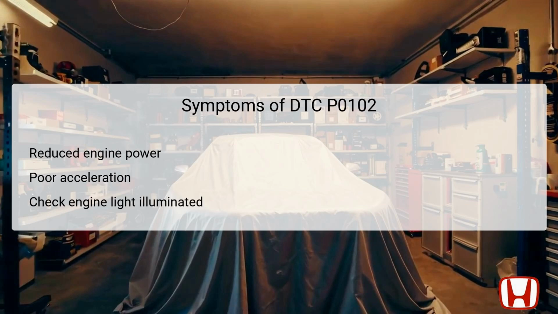When the P0102 code is triggered, several symptoms may manifest, significantly affecting vehicle performance. Drivers might experience reduced engine power and poor acceleration as the engine struggles to receive the correct air-fuel mixture owing to incorrect airflow measurement.